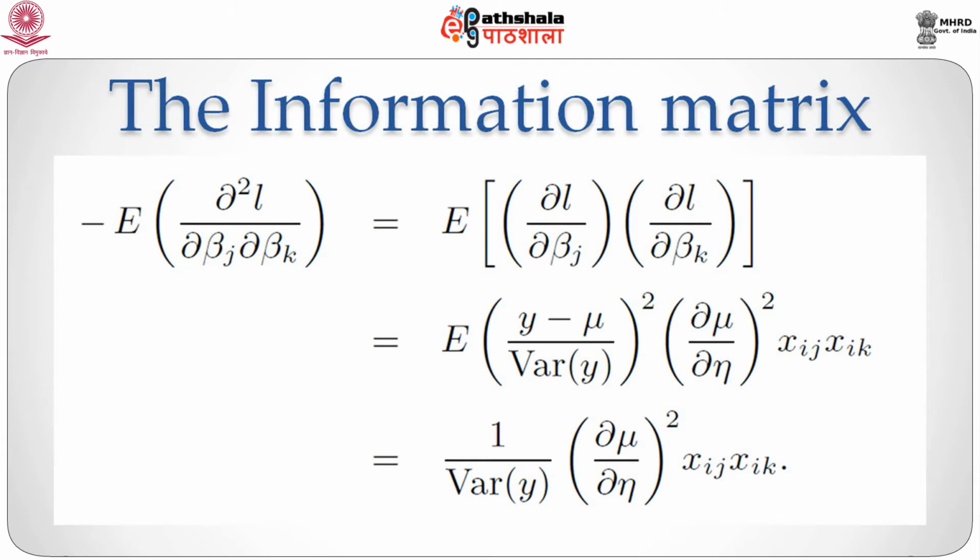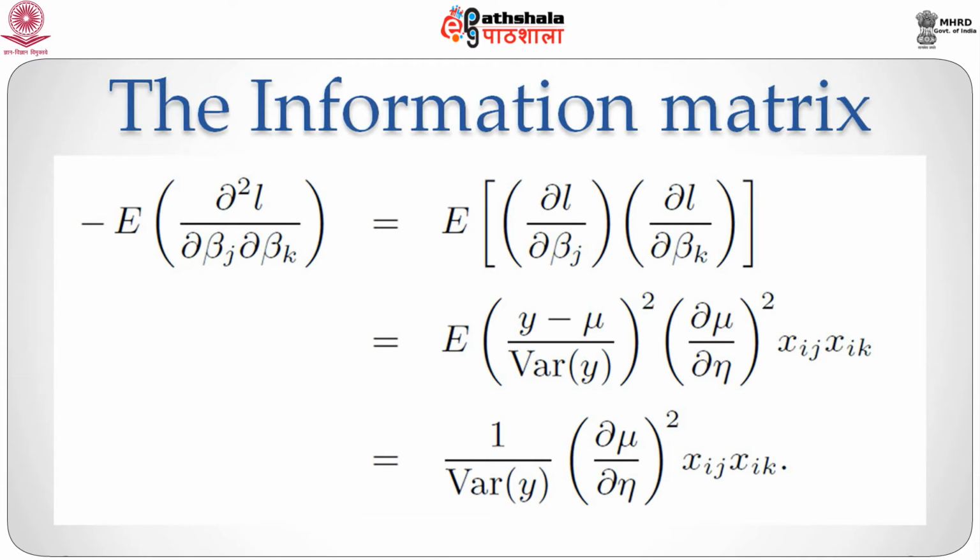The information matrix is similarly given by minus of expectation del square L del beta j del beta k, which by properties of the one parameter exponential family can be written as expectation of del L del beta j into del L del beta k.